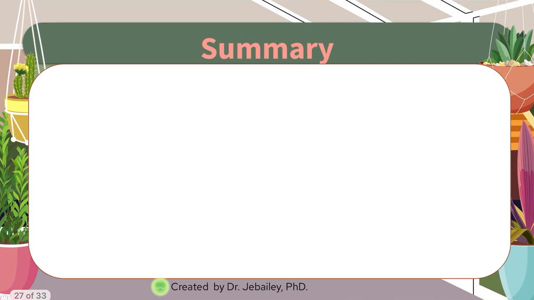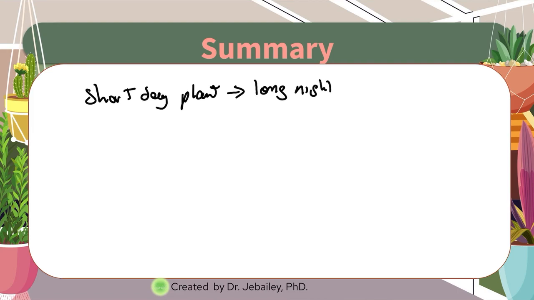So here is a perfect, let's put a summary of this. So you have the short day. Now the short day plants, it's more if you think about the night, because that's the most critical thing. Short day just means that they want a long night. If they want a long night, what does that mean?